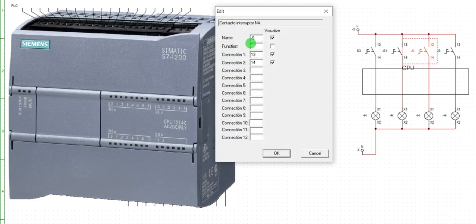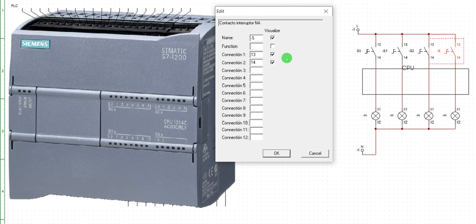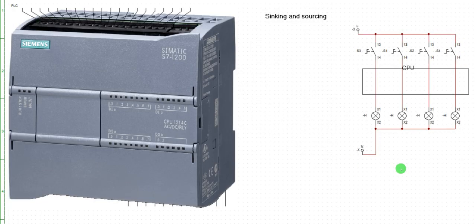This one is going to be S2. Let me tag them so that they will work individually. This one is going to be, let me say, 4. Let's just roughly put them. Okay, so these are their names. So let's simulate again. This one comes up, this one comes up, this one comes up, this one comes up.